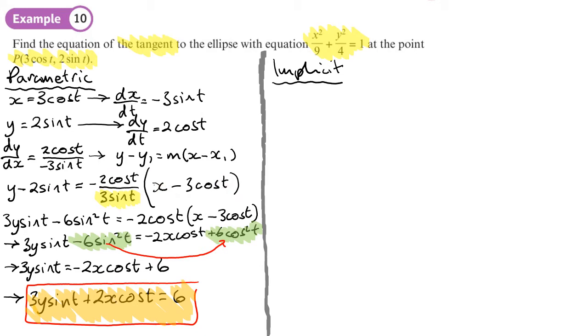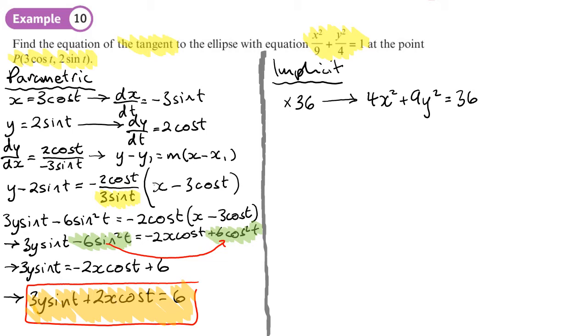Right, so let's try the same question using implicit differentiation. So probably want to get rid of the denominators of 9 and 4. So we'll start by multiplying everything by 36, I think it's going to be. So we'll have 4x squared plus 9y squared equals 36.